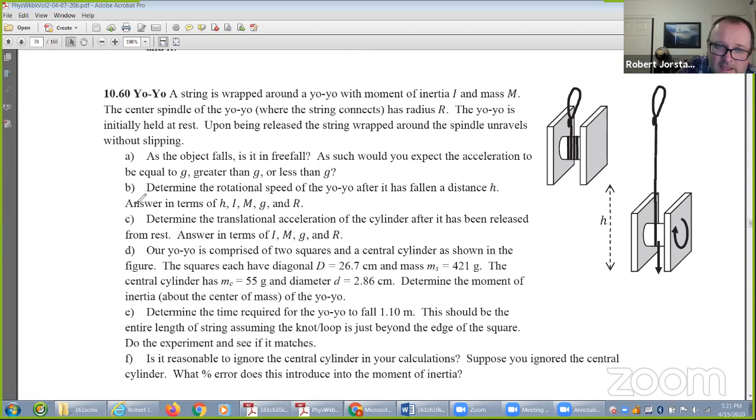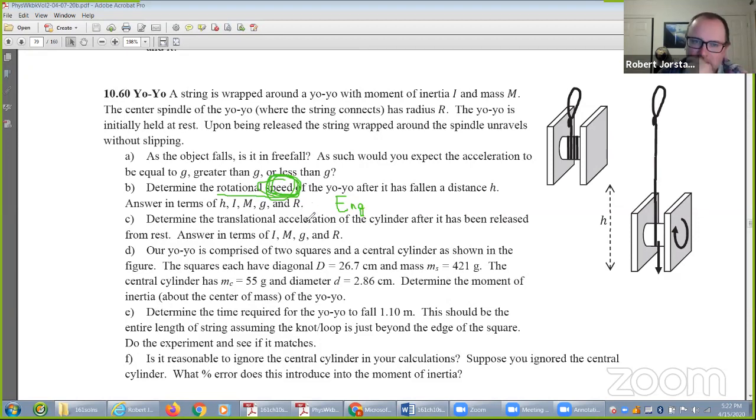Now look at these really quick instead of doing the problems. Part B asks about rotational speed. Think, what type of problem should you do? If that was the test question, hopefully you'd say energy. Try energy first, because it says speed, and speed problems usually can be solved with energy.